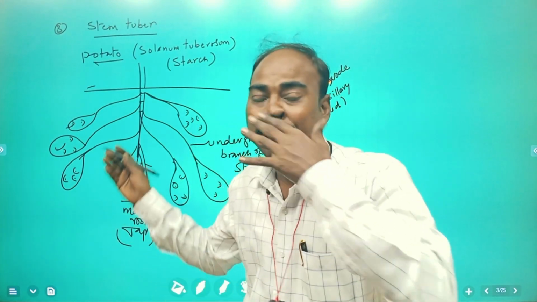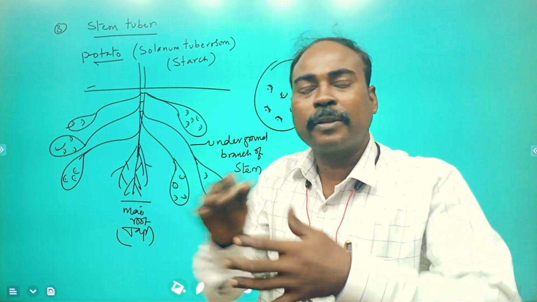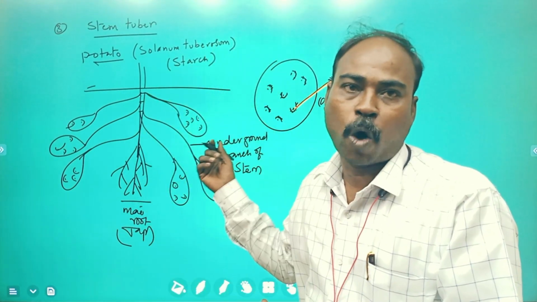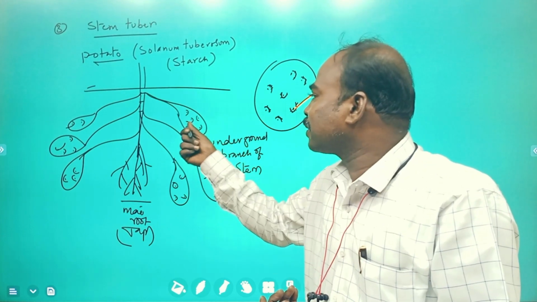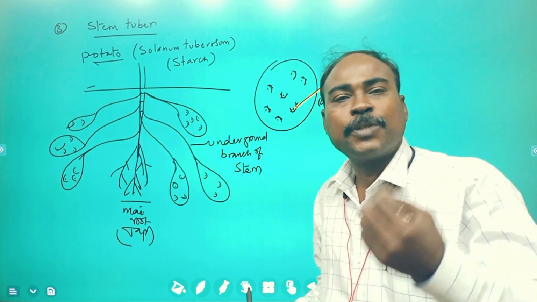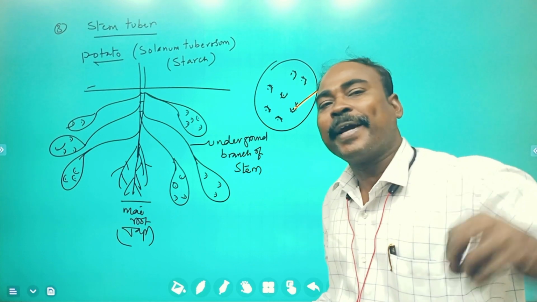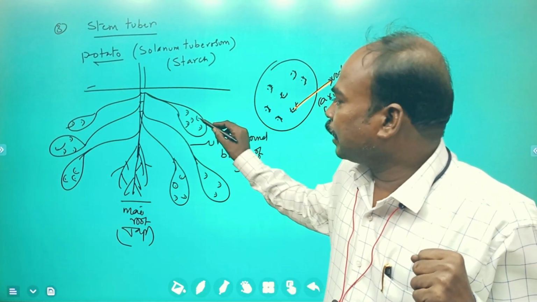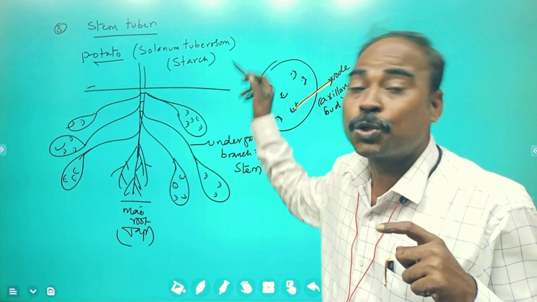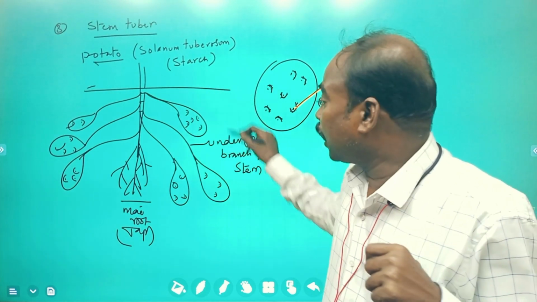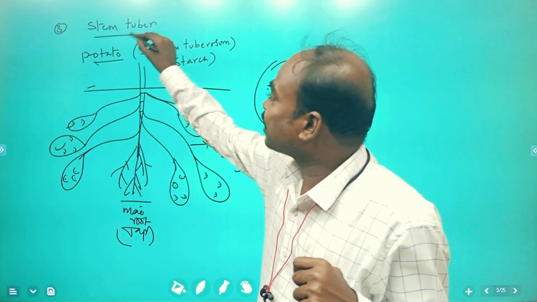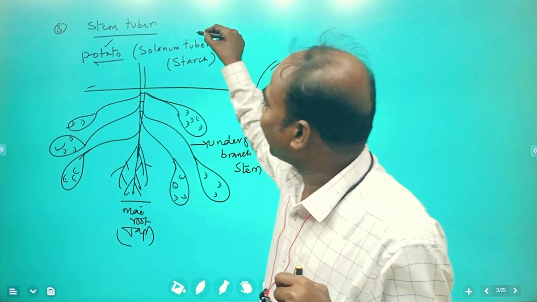Whenever you cut a portion with an eye spot and plant it in the soil, new seedlings will develop from this point. So the tubers having eye spots are able to propagate vegetatively by producing new offspring. The underground stem branches store the food and become tuberous. These are called underground tuberous stems, found in potato plants.